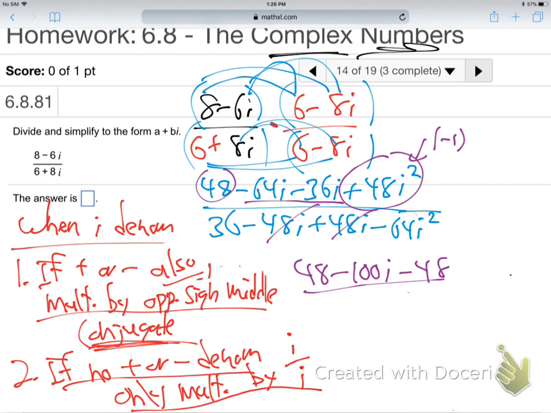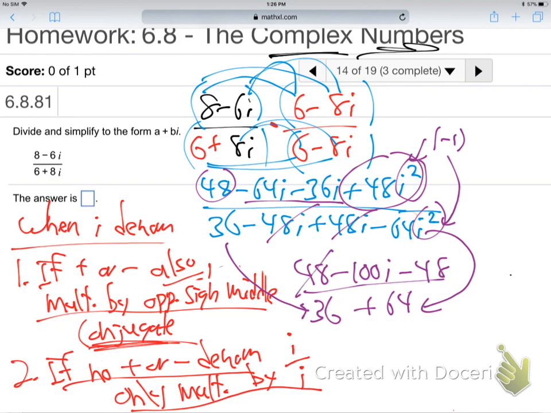Then on the bottom, these guys cancel, and we get 36 plus 64, which is 100. Everybody see why that's plus 64 there? Because again, i squared is negative 1. So you get minus 100i over 100. We good? These 48s will drop out.